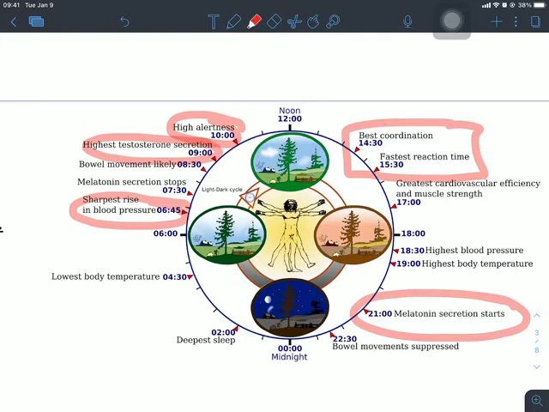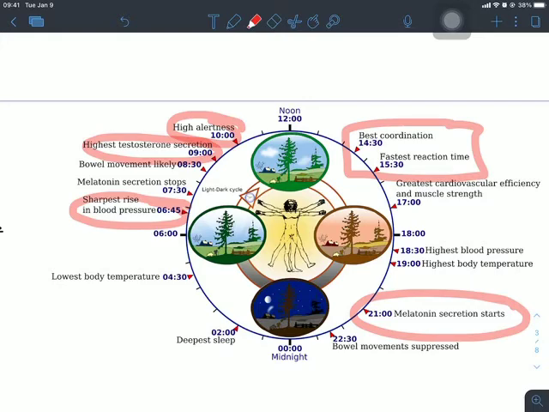Now, of course, we have a variation of these processes across humans. There are many different chronotypes, so you don't need to feel like you are left out of this if this does not match you exactly. This is one generalized circadian rhythm.